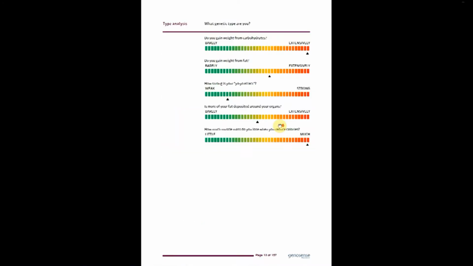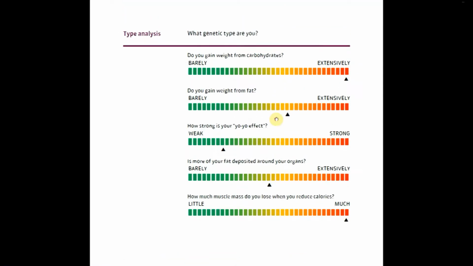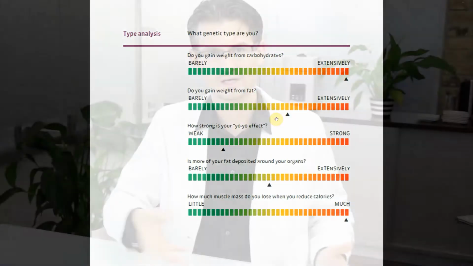So I'm going to go to the end of this here. Now here we see what kind of information we could gather from your genetic test. And the first step, the first thing, looks at what sort of genetic type you are. For example, the first question is, do you gain weight from carbohydrates? There have been studies that some people, when they eat more carbohydrates, gain weight, which is what you would expect, because carbohydrates, sugars, they have a lot of calories.